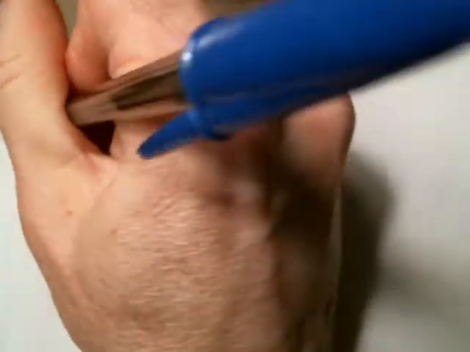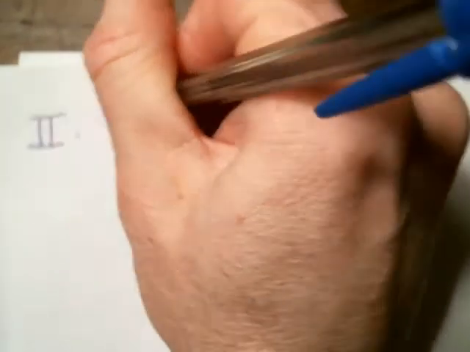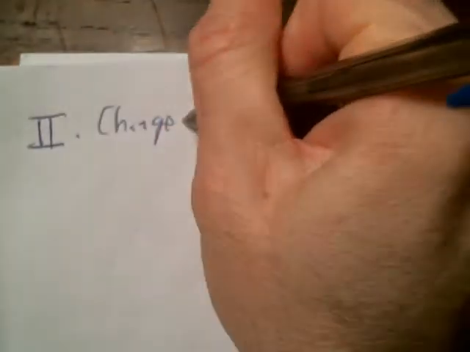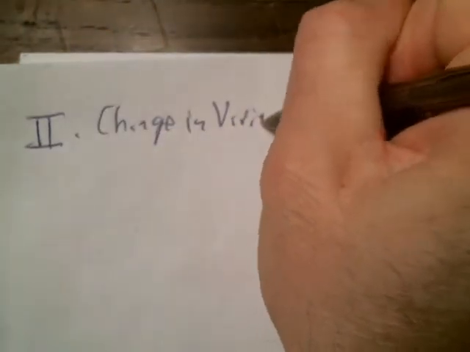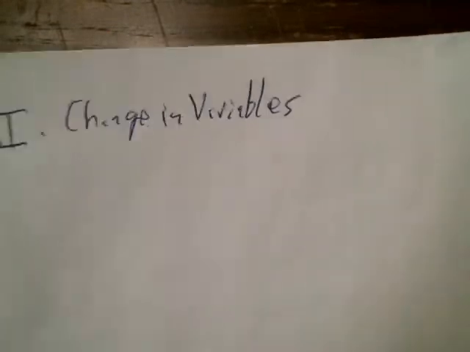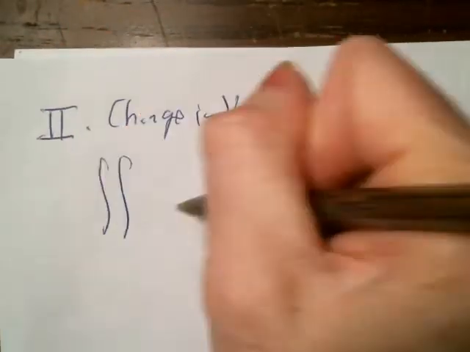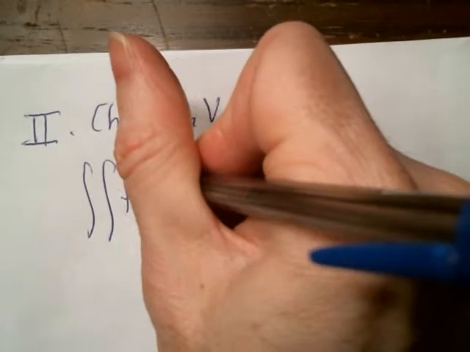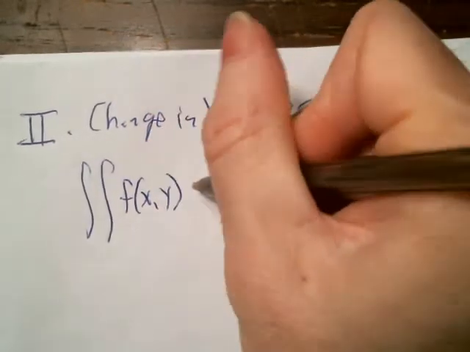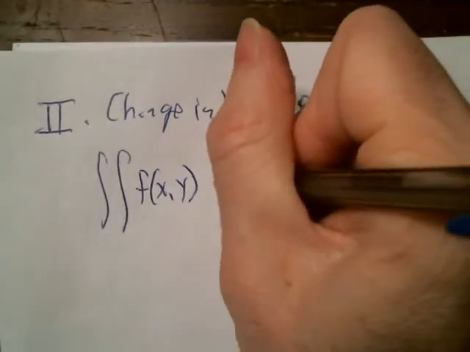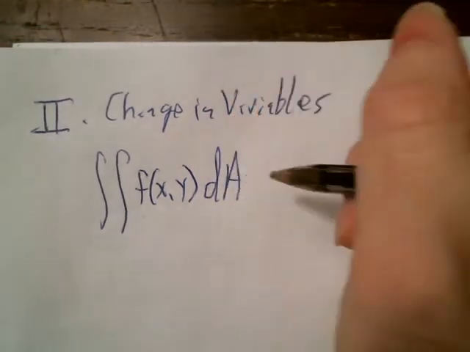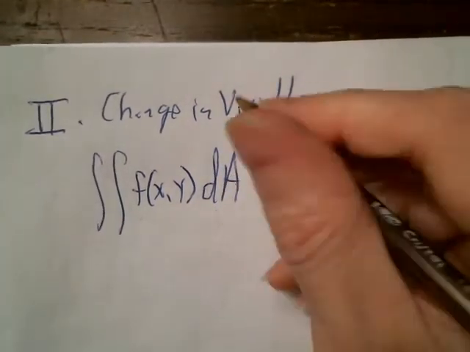Okay. So anyways, getting back then to the change in variables. Basically, you're going to have some double integral in terms of maybe x and y, and then you'll have some area element increment. So usually we'll put dx dy, but we can also write dA.